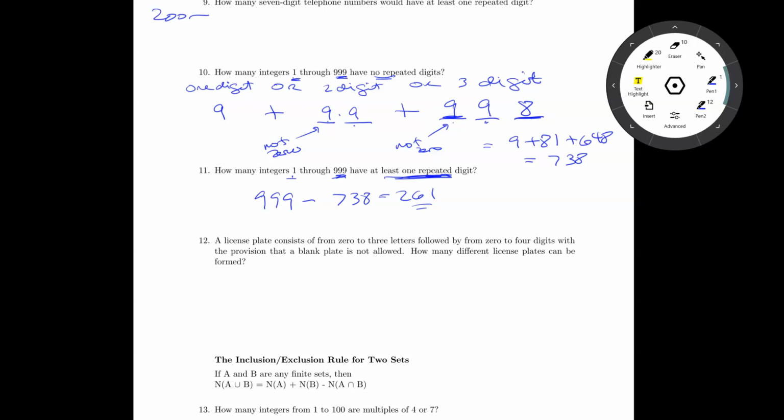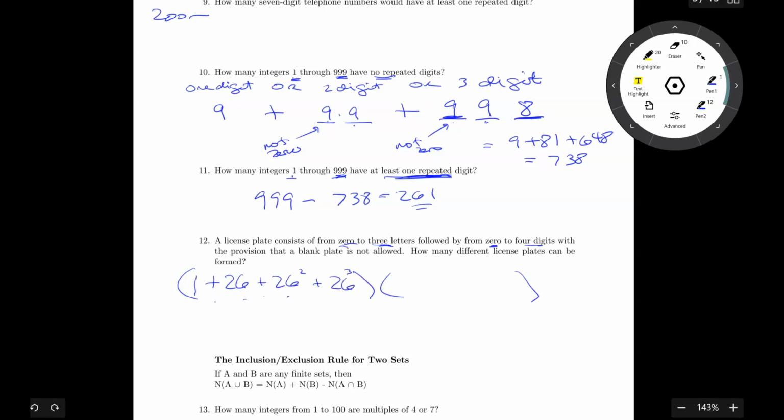So if I have a license plate that has 0 to 3 letters, so it could have no letters or all the way up to 3 letters, and it could have no digits or all the way up to 4 digits. So I've got letters and I've got digits, right? For the letters, there could be 0 letters, so there's 1 choice for that. There could be 1 letter, so 26 for that 1 position, or 2 letters, so 26 squared, or 3 letters, 26 cubed.